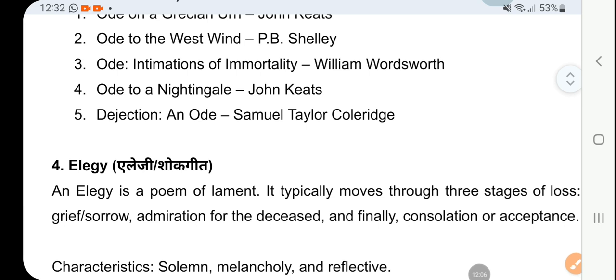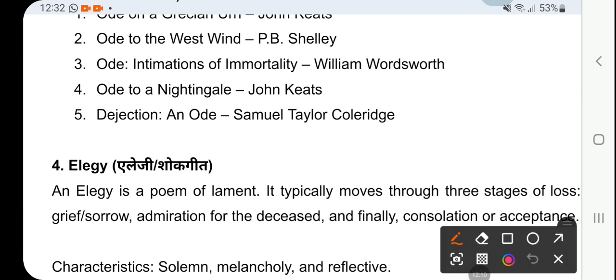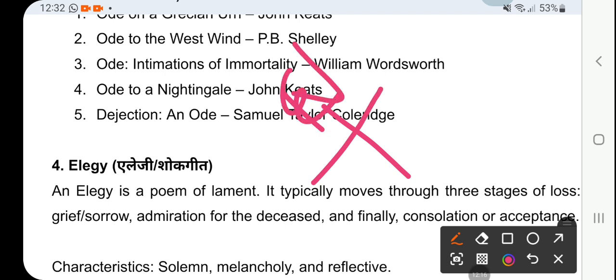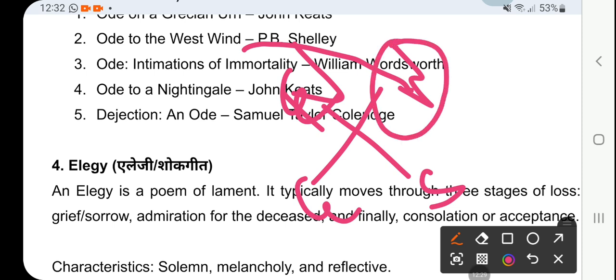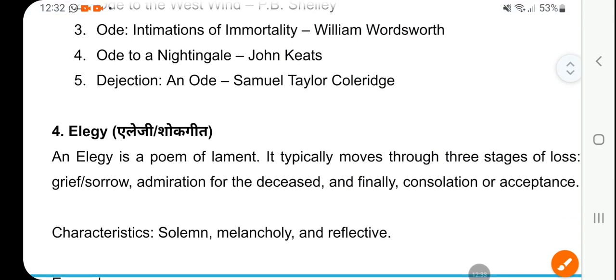Now, Ode to the West Wind. In fact, you can feel the west wind. This is the east, right? North, east, north, south, east, west. So for your remembrance, you can remember it this way, Ode to the West Wind, through direction.